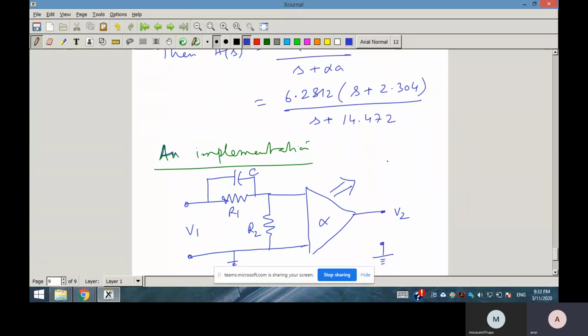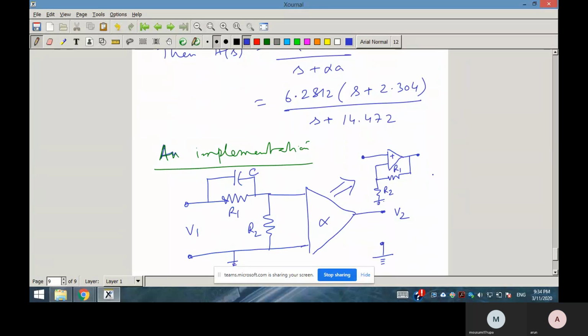So this can be realized using an op-amp like this. So the gain will be 1 plus 2R1.